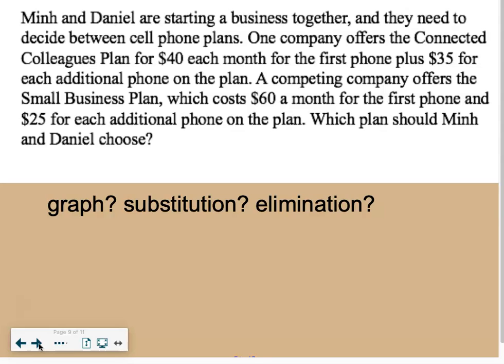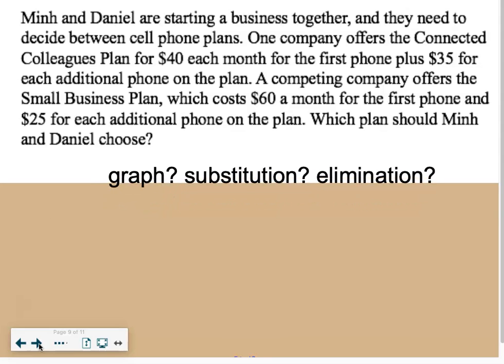So my first question to you, if we were to write equations for these, for this first plan, $40 a month plus 35, how would you write that as an equation, as a linear equation? y equals 40x plus 35. 40x plus 35, what does the x represent? Number of months.